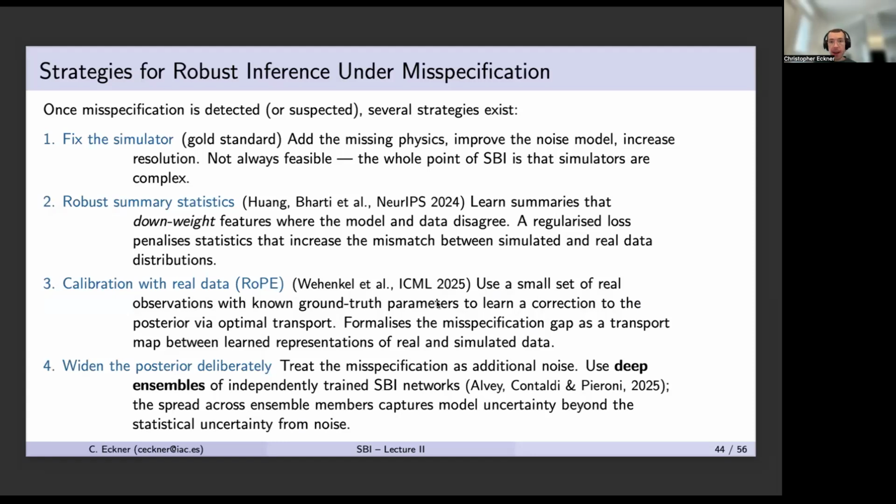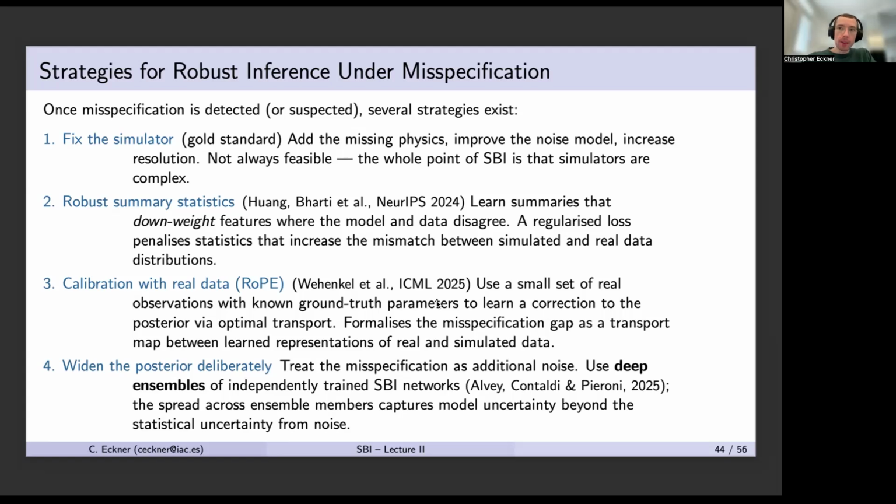The other options you have are robust summary statistics. You can try to learn summary statistics that downweight features where a model and data disagree. This requires a regularized loss that penalizes the statistics where this mismatch happens, so again this is possible, but handcrafted. You could also try the third way, to calibrate with real data.